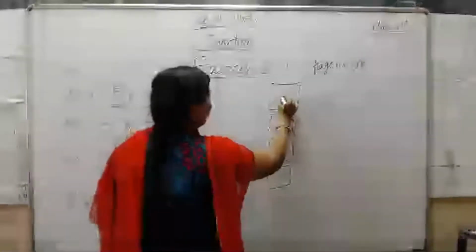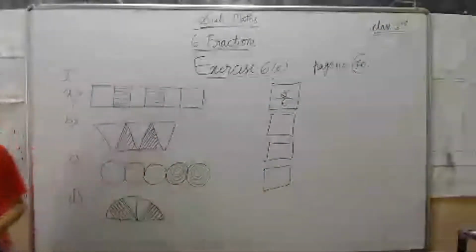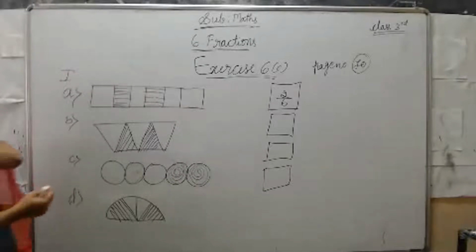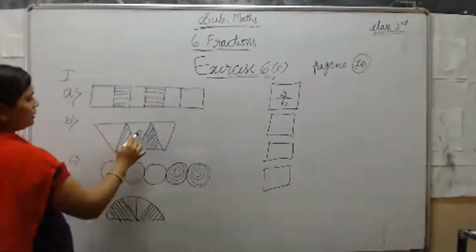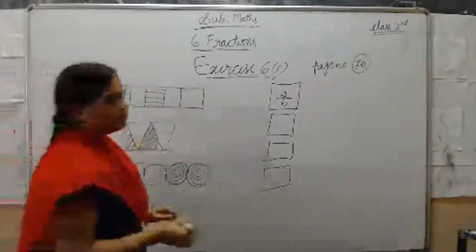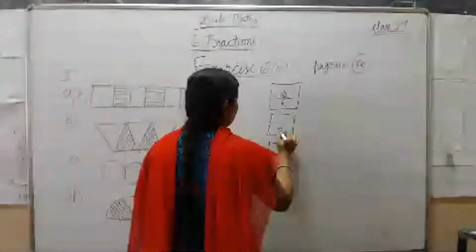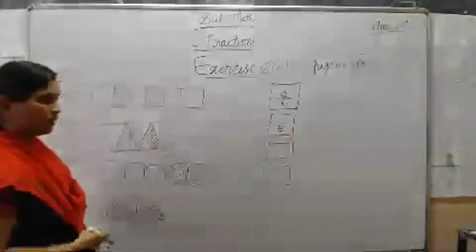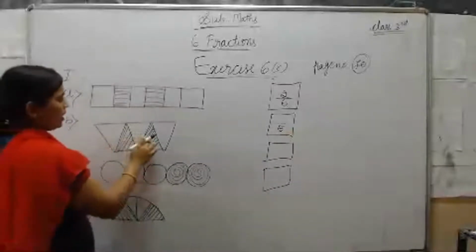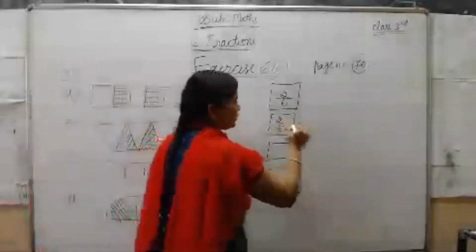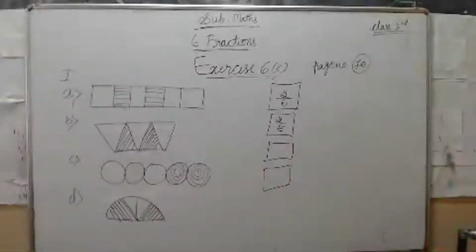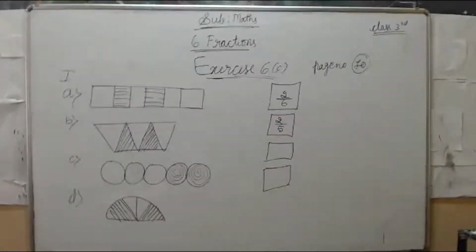Means 2 by 6. In the second shape, 1, 2, 3, 4, 5. 5 parts are there, which comes in the denominator. And how many parts are shaded? 1, 2. That is 2 by 5.